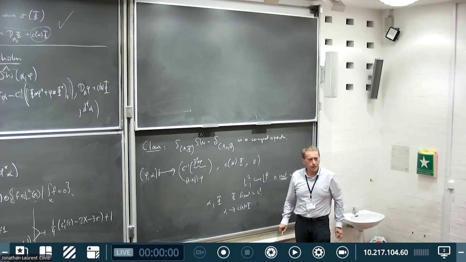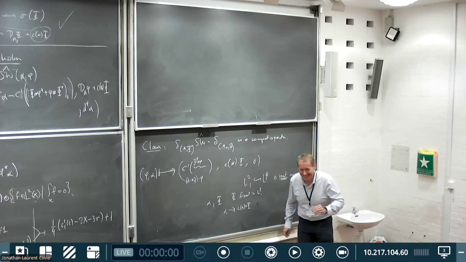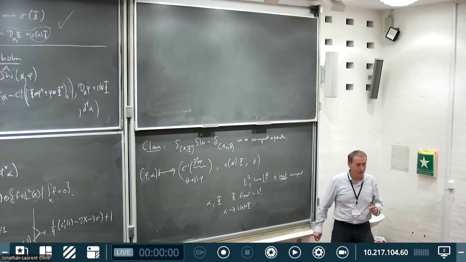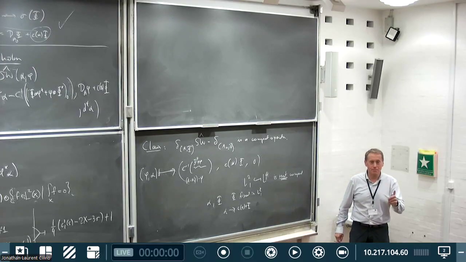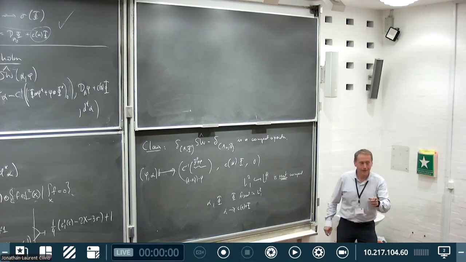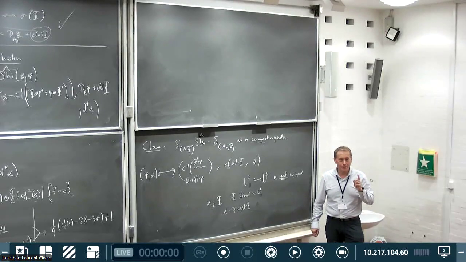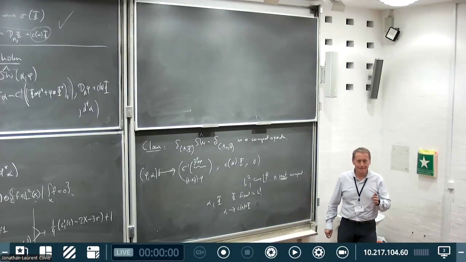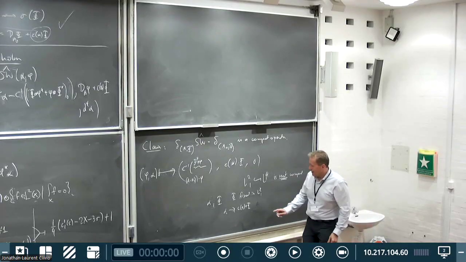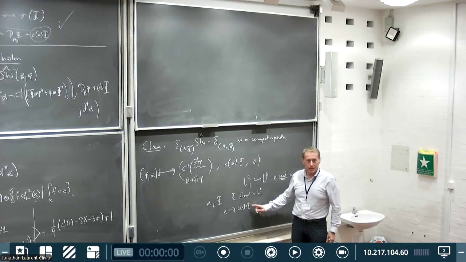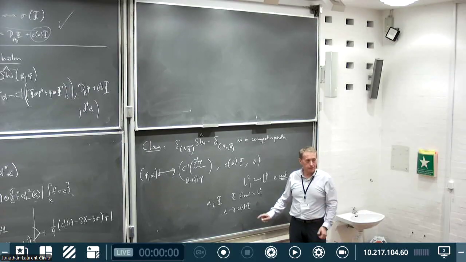Why is it compact? What do we know about compact operators? I said the compact operators were the what of something. Closure. So they are. What is the closure of a set? Closed. You're right. So if I can approximate phi by something better, then this is a compact operator.